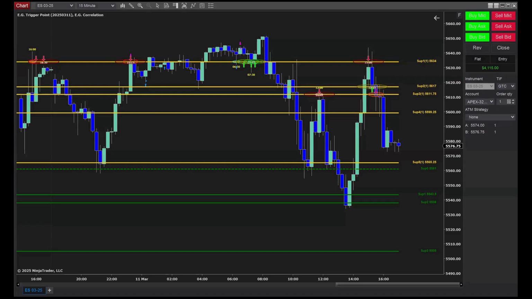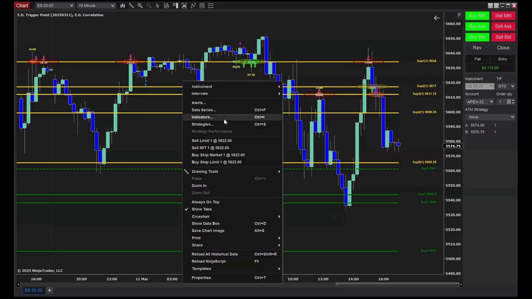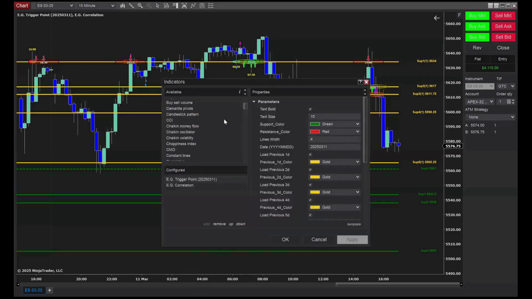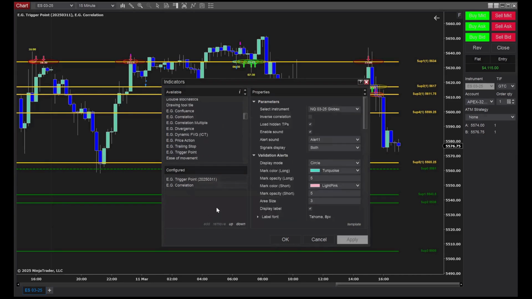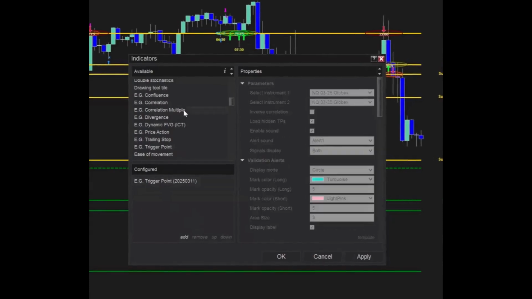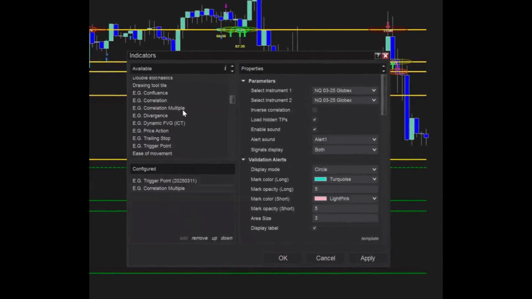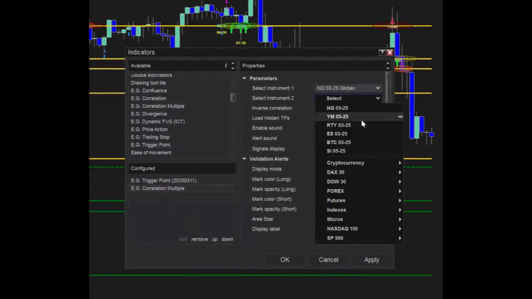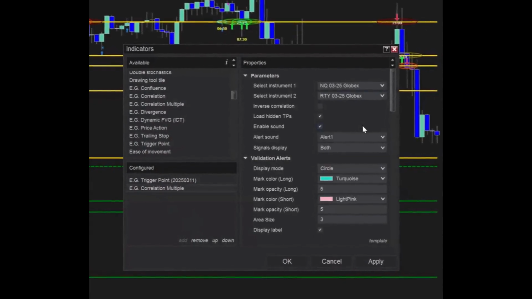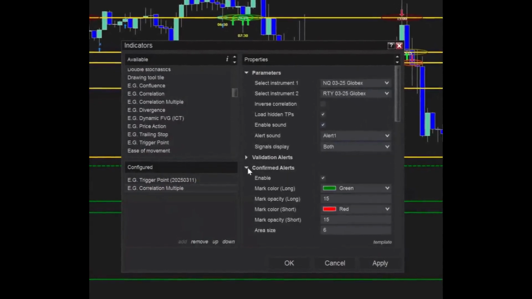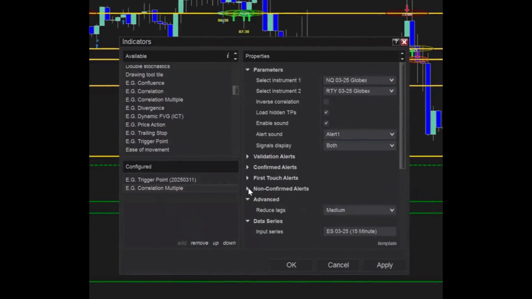Now, let's take it a step further and see a possible way to decrease the number of signals. ES and NQ highly correlate. Many signals can be generated off our trigger points. So my trick is to add another instrument like RTY. So I extended the EG correlation indicator to EG correlation multiple, which is capable of monitoring two instruments for me.